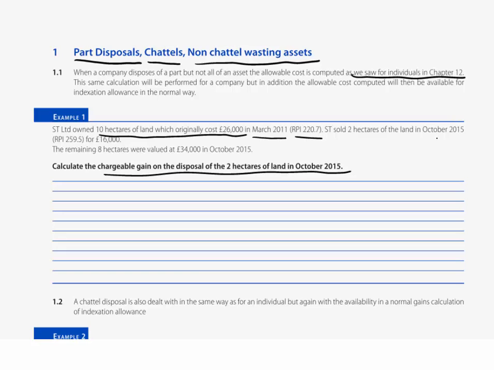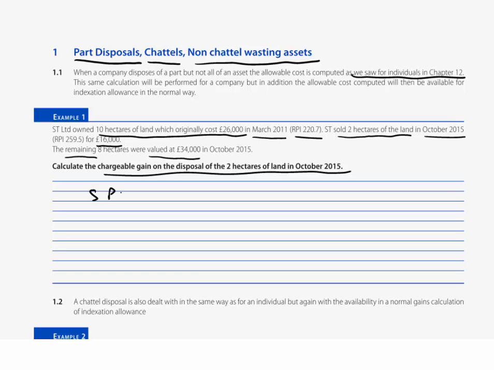What's happening now in relation to the disposal in October 2015? Sold, as the question tells us, 2 hectares of land for £16,000. The remaining 8 hectares were valued at £34,000 at that point in time. The value remaining.